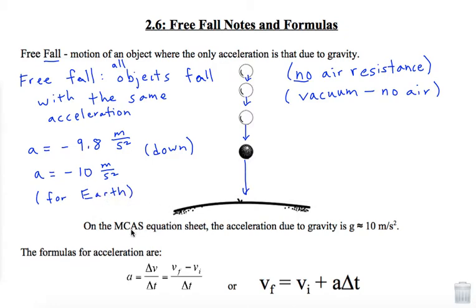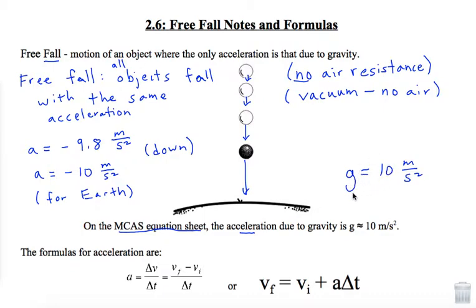Alright, on your MCAS equation sheet, which we got recently, the acceleration due to gravity is listed there, and it's called g. Because it's a constant and we use it so often, it gets its own letter, g, for gravity. And we say that g is this 10 meters per second squared. So the acceleration is really this g, but downward.